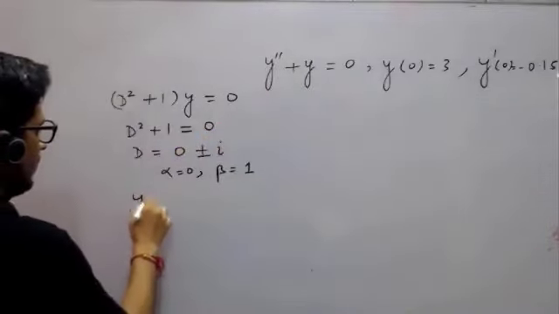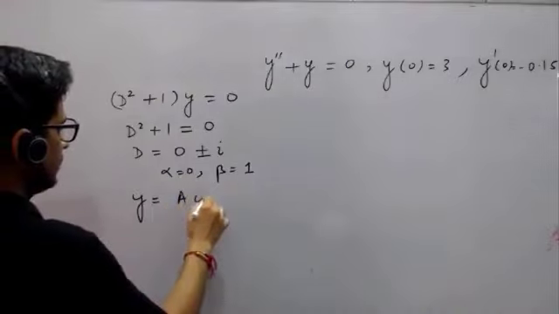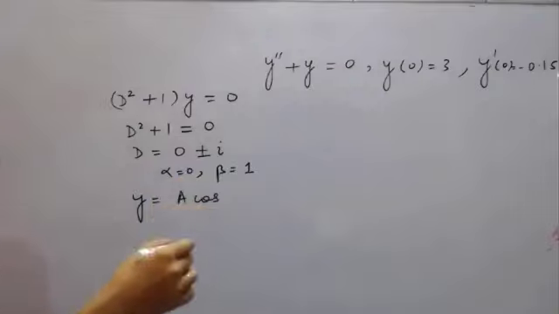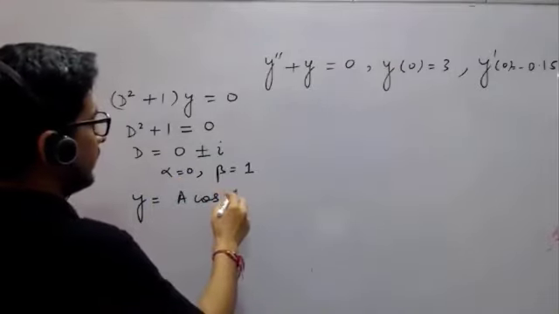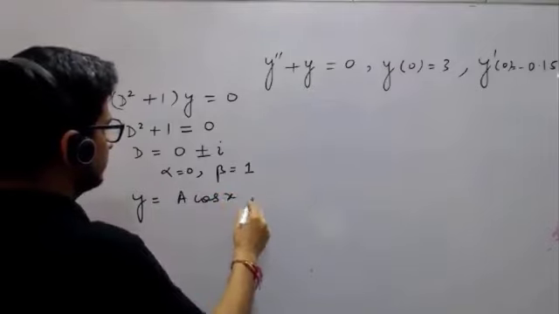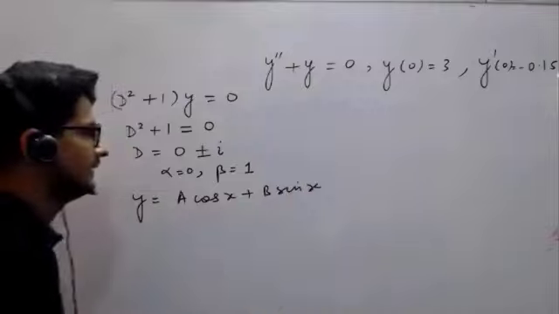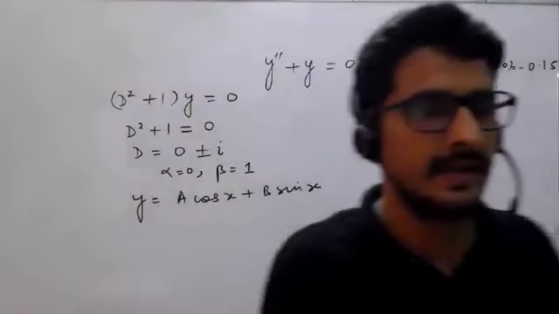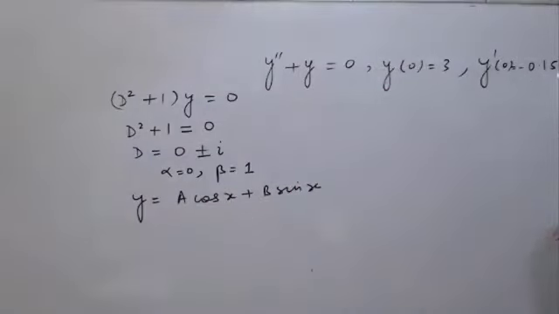So what is the solution of this equation? The solution will be given by e to the power 0x (a cos beta x plus b sin beta x). So it will become a cos x plus b sin x. This is the solution, and the values of the constants a and b will be calculated by using these two conditions.